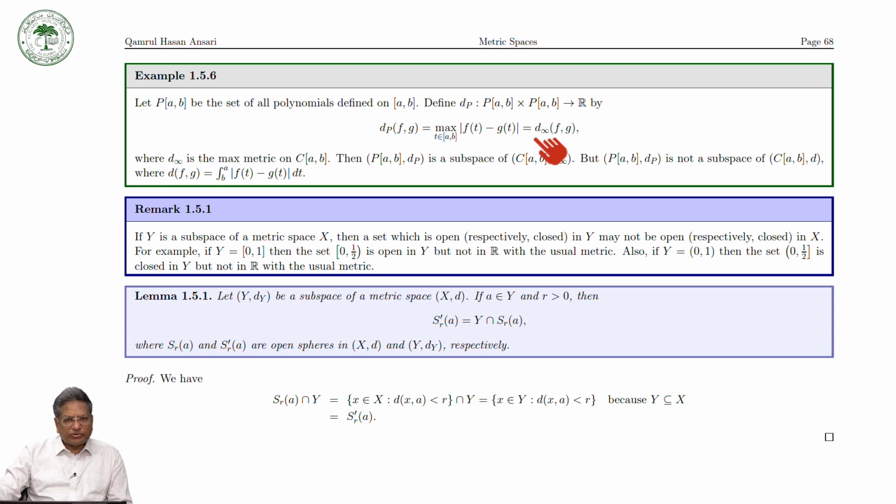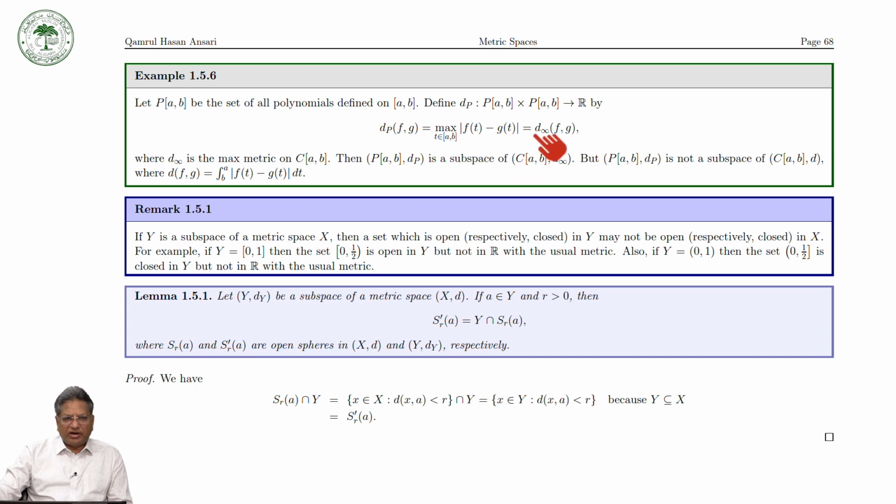And of course, d infinity is a metric on C[a,b]. C[a,b] means the set of all continuous functions, and P[a,b] is a subset of C[a,b].